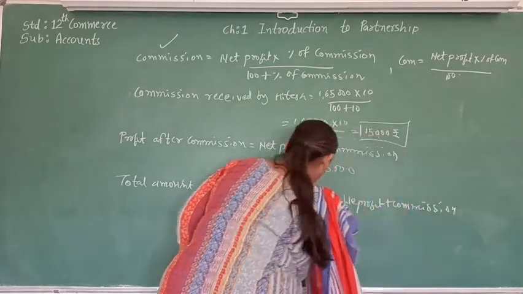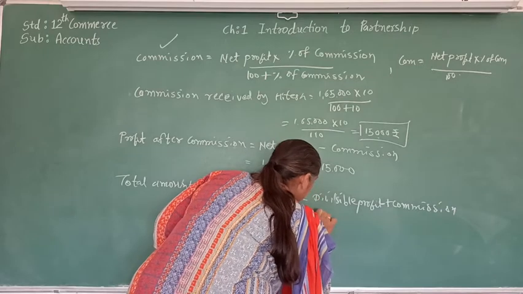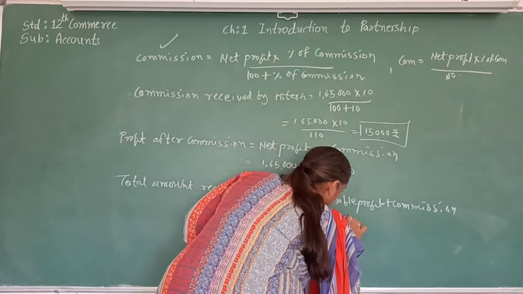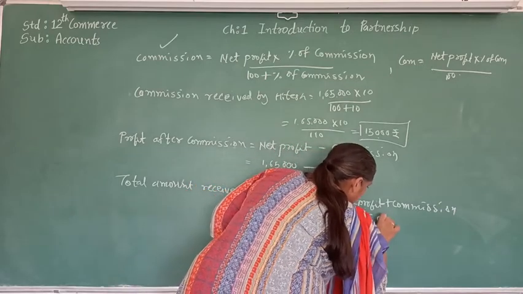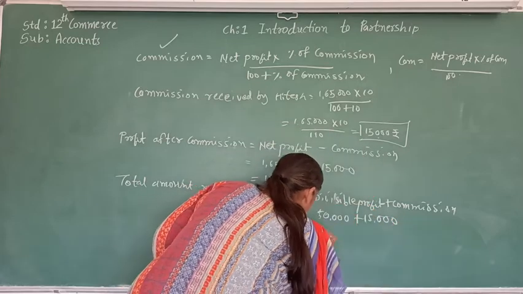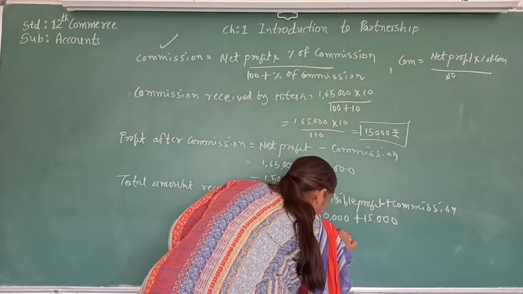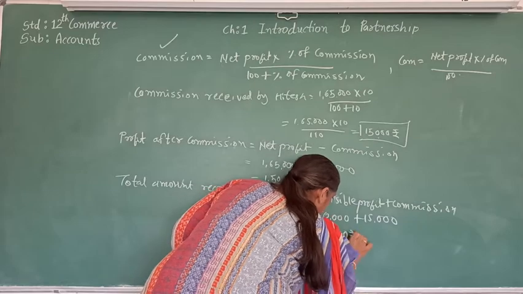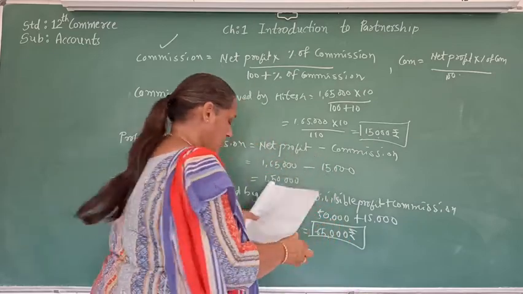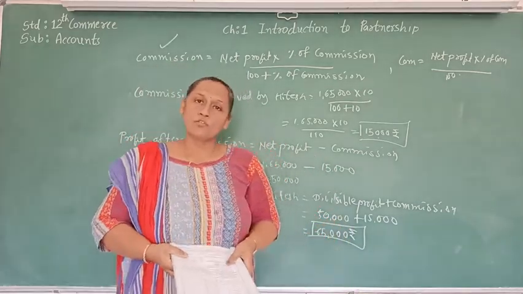So that will be 50,000 plus 15,000. So Hitesh will receive 65,000 from the firm. So students, you may note this down in your notebook.